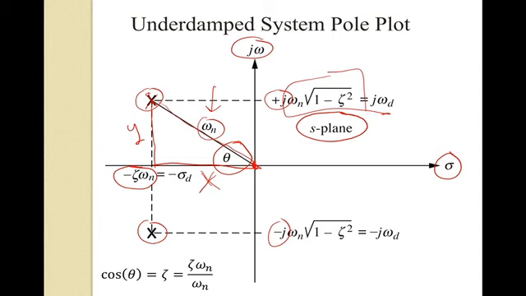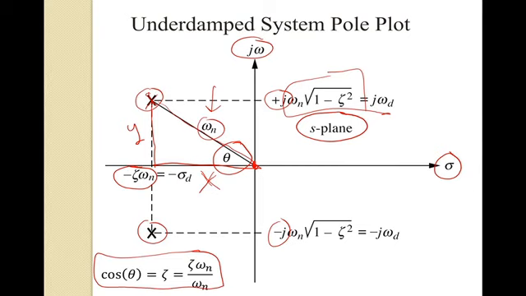Okay? So if I look at these, the omega n's cancel, and I have cosine of theta equals negative of the damping ratio. But if you look down below, you'll see that I don't have the negative sign. The reason for that is because cosine being an even function, it doesn't matter. So essentially what I'm doing is getting rid of the negative sign associated with that.